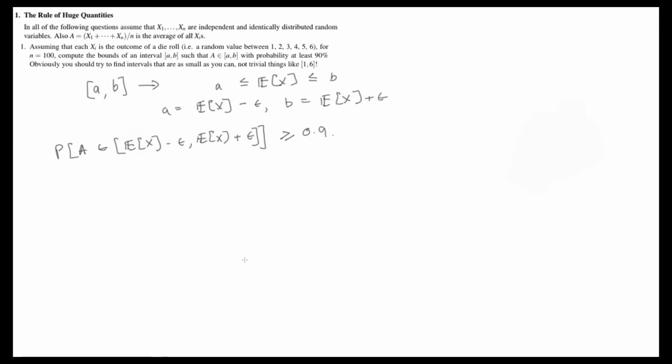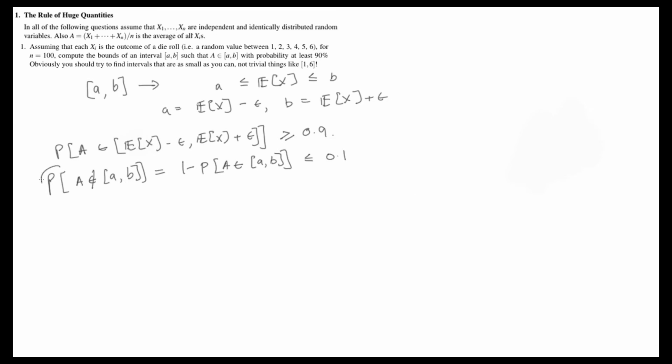If you want a to lie within this interval, therefore the probability that a does not lie within a comma b is equal to 1 minus the probability that a does lie in a comma b, which is less than or equal to 0.1, because 1 minus 0.9 is 0.1.